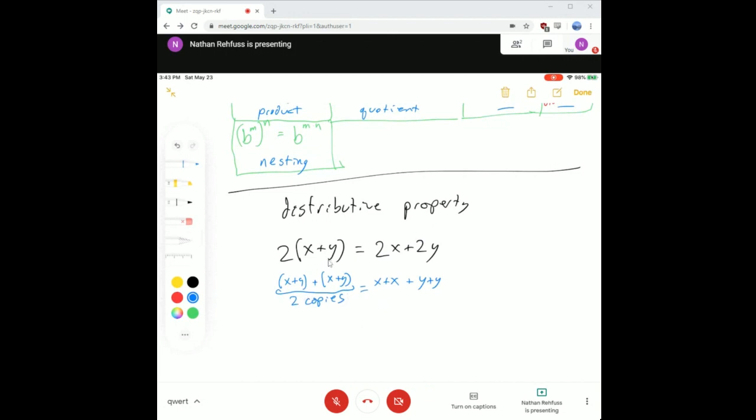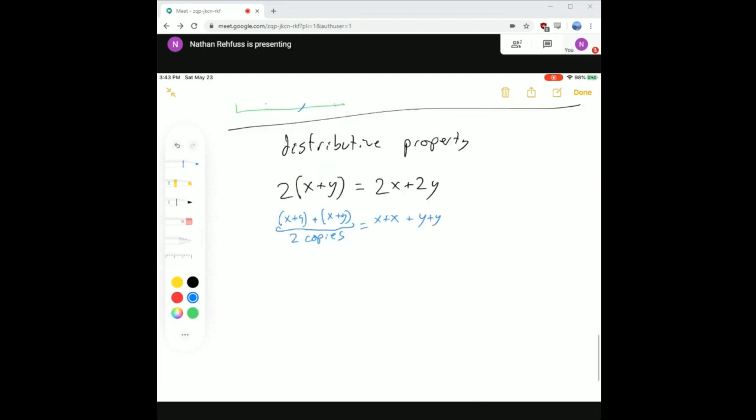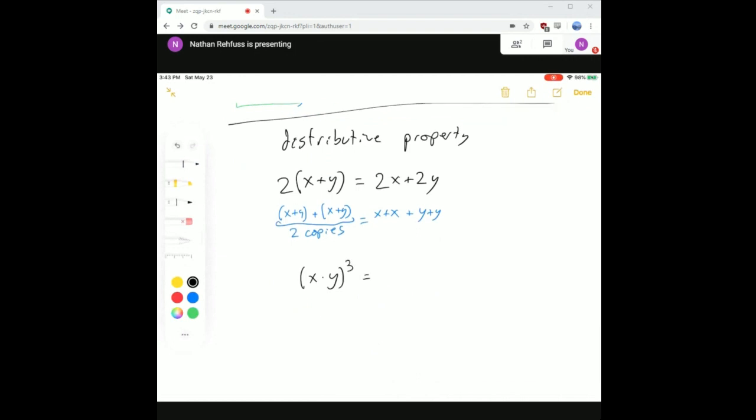It's because I have addition inside, and multiplication is repeated addition. Well, since exponents are repeated multiplication, I can do the same thing with them. If I have, say, x times y on the inside, and I take that to the 3rd power, what's going to happen here? Well, this is shorthand for 3 copies of xy multiplied together.